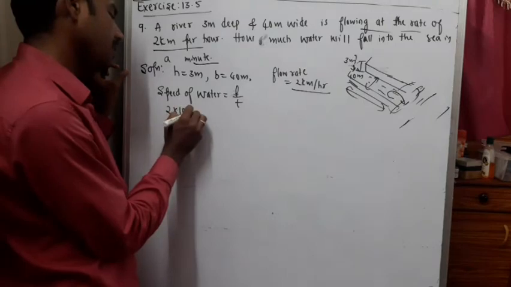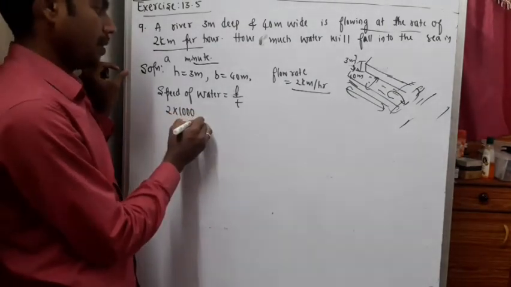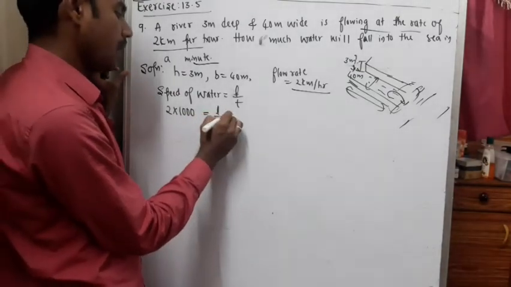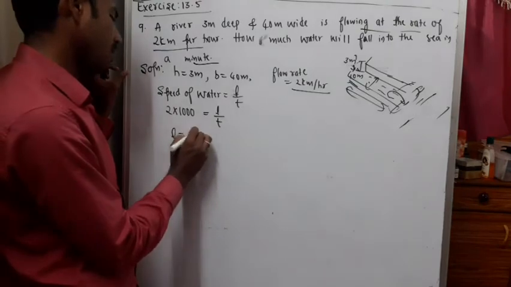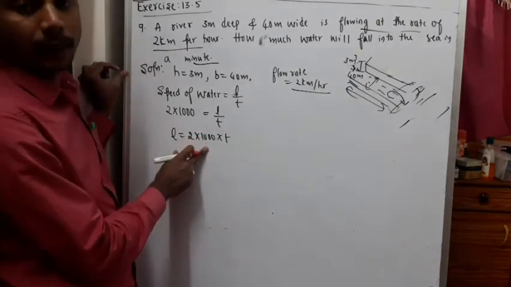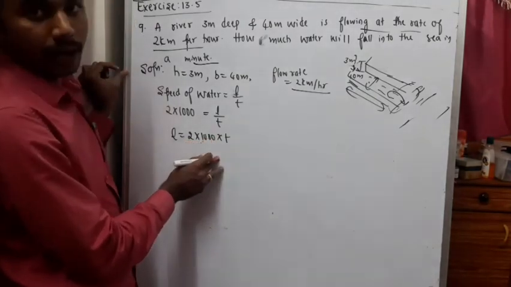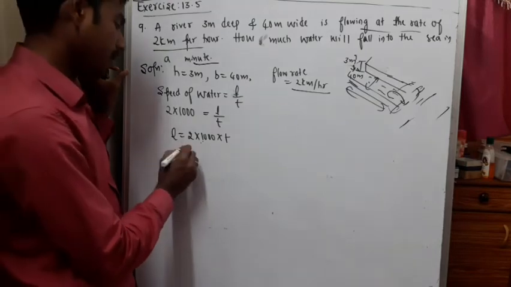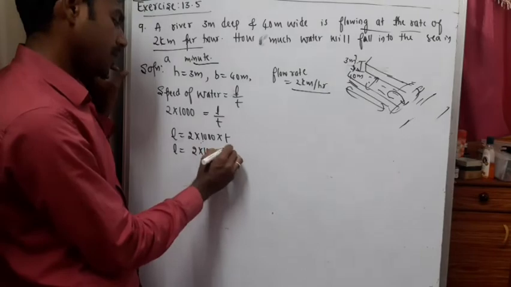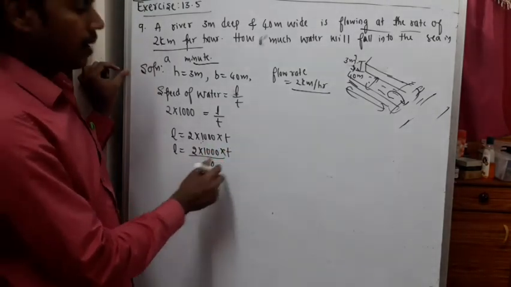I need to convert it into meter, so I multiply with 1000. 2000 meter per hour is equal to L divided by T, or L is equal to 2 into 1000 into T. Since this is in meter per hour, I need it in meter per minute. For that, L is equal to 2 into 1000 into T divided by 60 will give meter per minute.